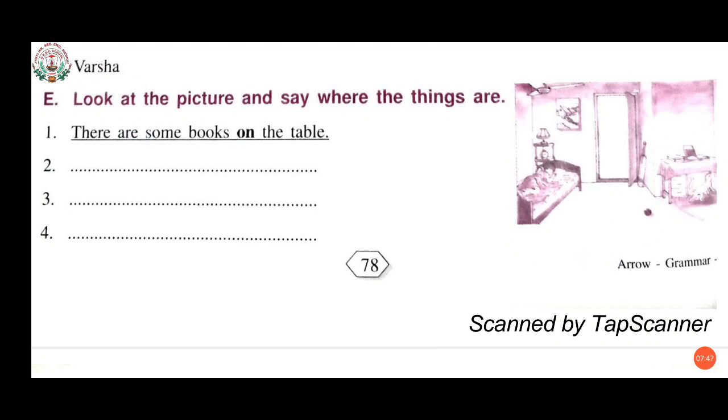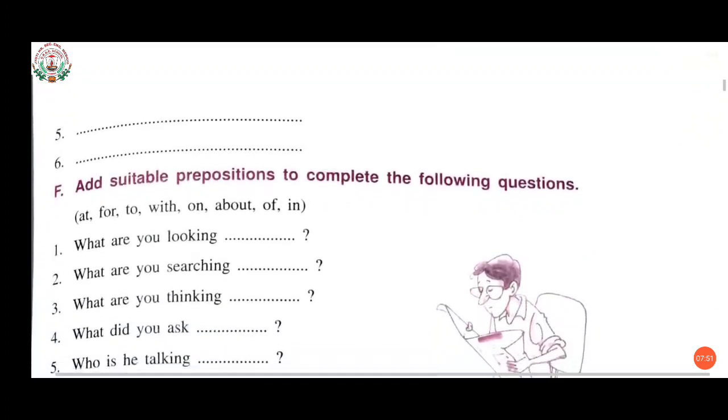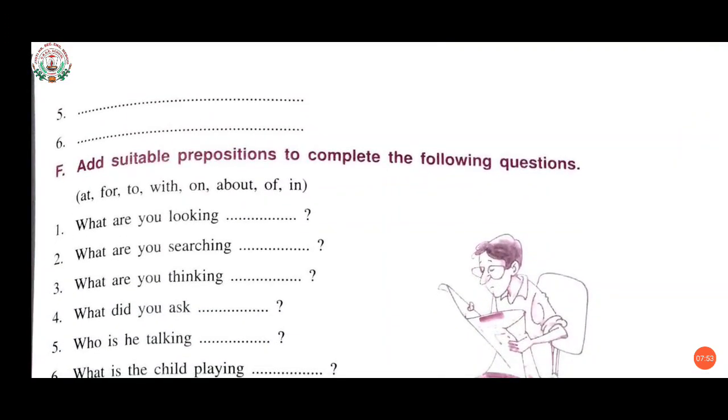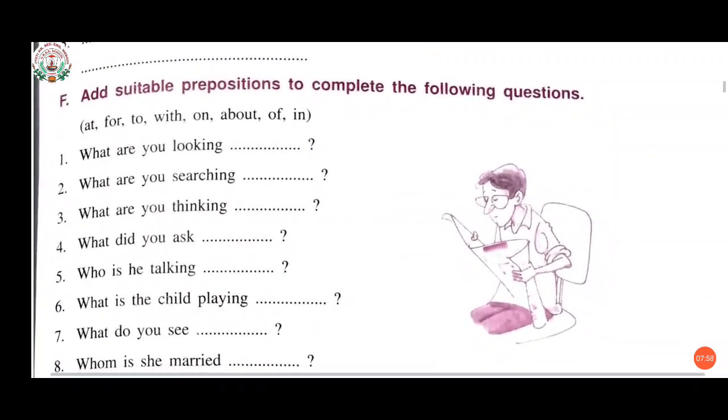Second, there is a cat under the table. Likewise you have to complete these four. You can see in the next page also, six sentences you have to complete after looking at that picture.